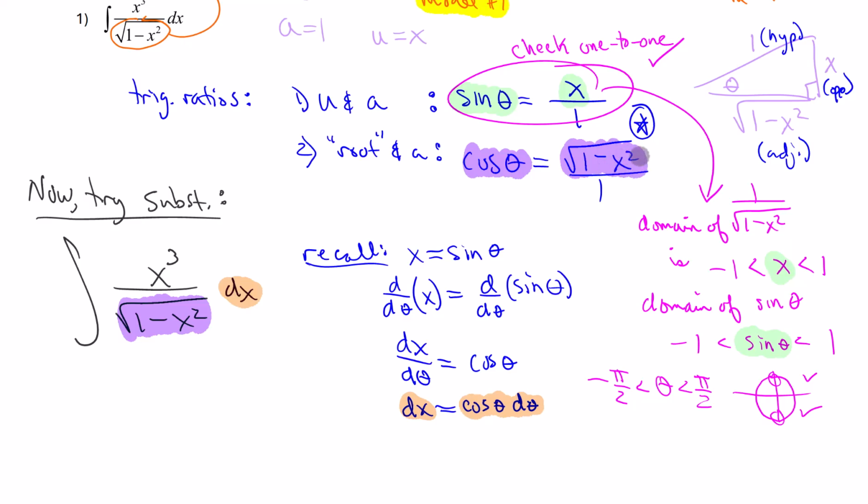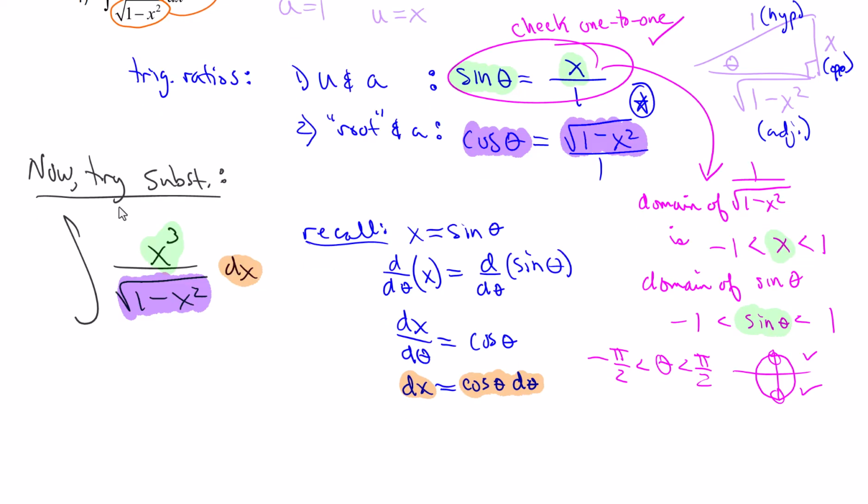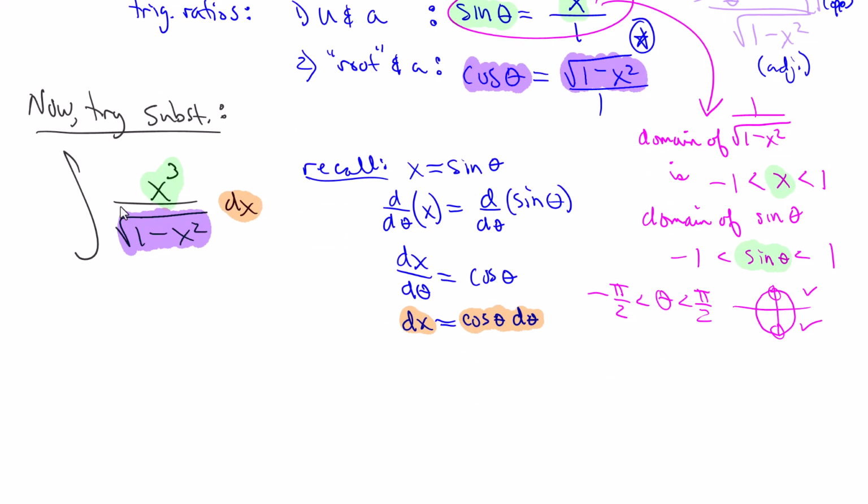And then furthermore, we have this x cubed to deal with in the numerator. But we already know that sine theta is equal to x, which means that will replace that piece. So actually, everything is all primed for a substitution to get out of this confusing original form and into a more user-friendly trig form using a trig sub.